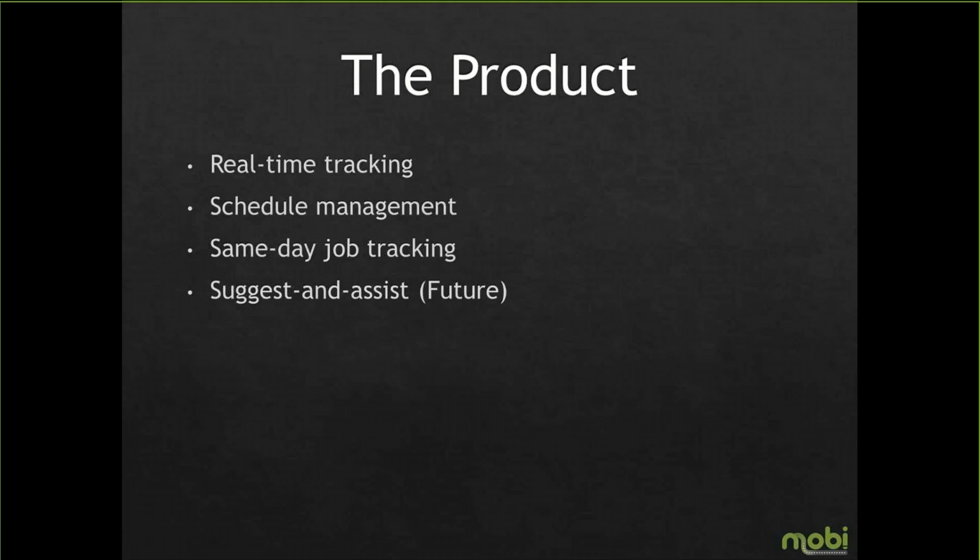Some applications might be useful. For example, a dispatcher of an air conditioning company may have to manage a bunch of technicians going around to different people's houses or even businesses to install air conditioning and do repair or other services.